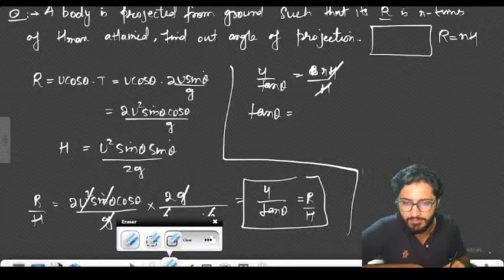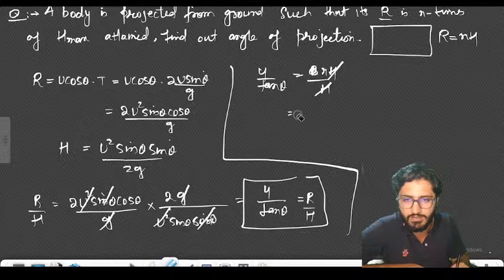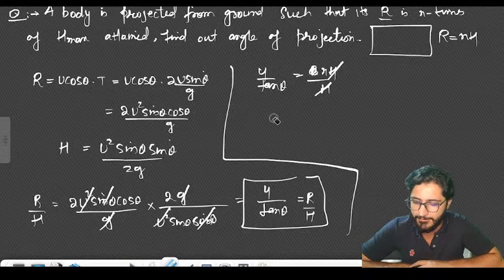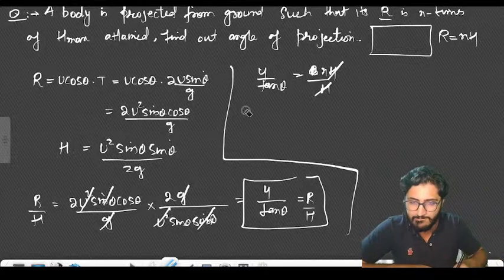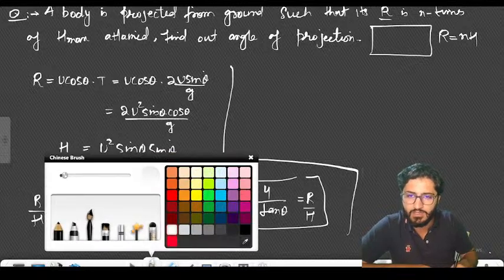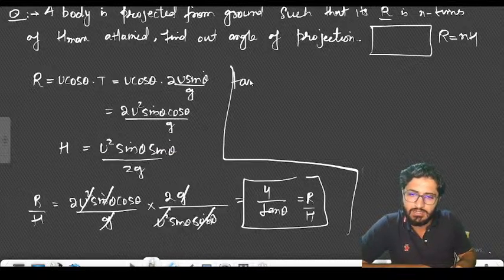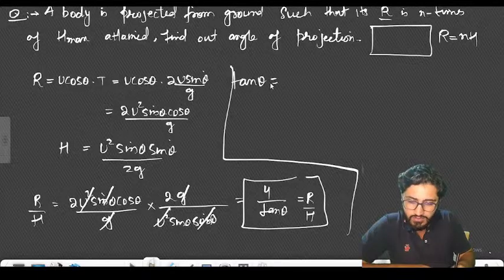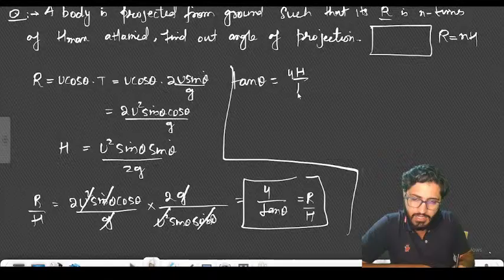I think I made some mistake here. So tan theta equals 4h by r, and r is nh.